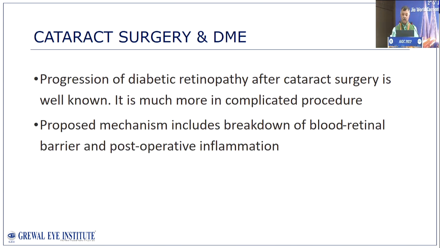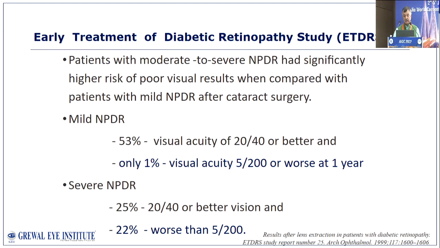As far as cataract surgery and DME is concerned, we very well know that progression of diabetic retinopathy after cataract surgery occurs most of the time, and it used to be very frequent early on. The proposed mechanism we all know is breakdown of the blood-retinal barrier and the post-operative inflammation.